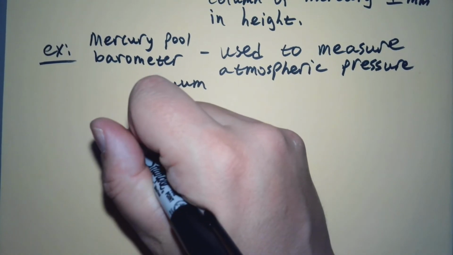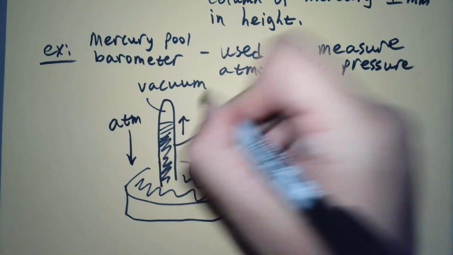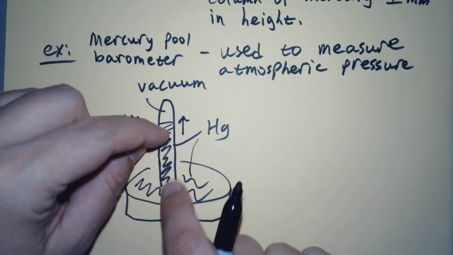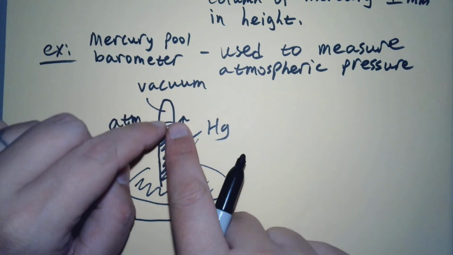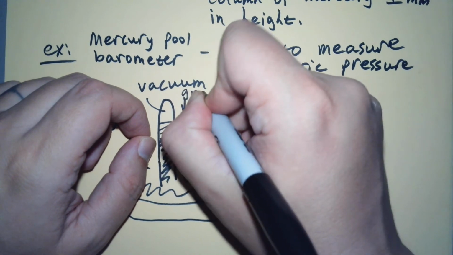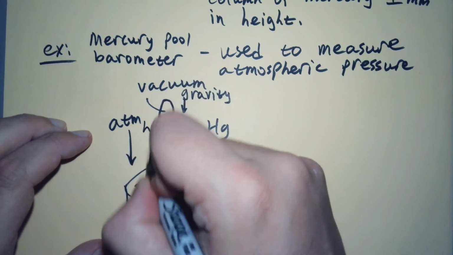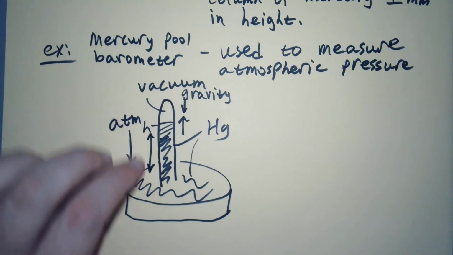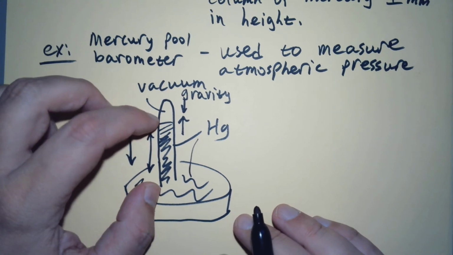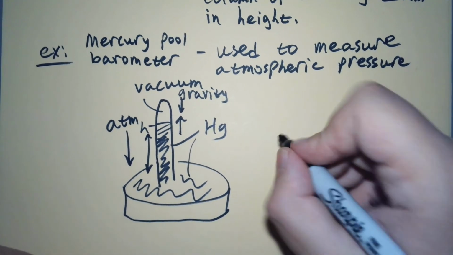And so what happens is the atmosphere pushes down, and as it pushes down on this pool, it's going to push the mercury up into the vacuum, and eventually it'll reach a point where the force of the atmosphere pushing it up is equal to the force of gravity pulling it back down, and that's going to give you a height of mercury. And you measure that height in millimeters from the base of the pool up to the top here, and you get millimeters of mercury.